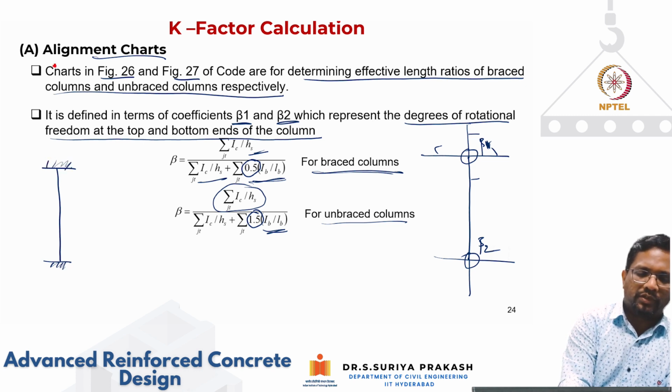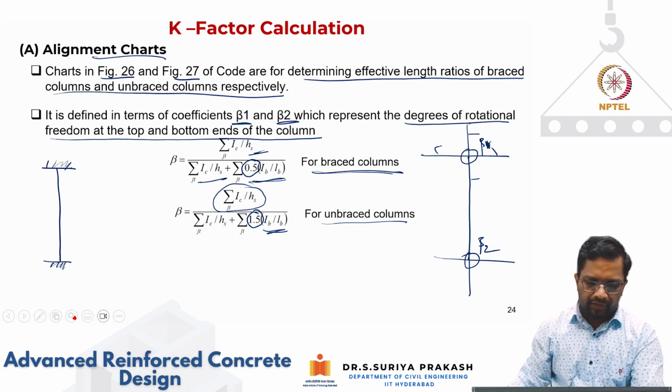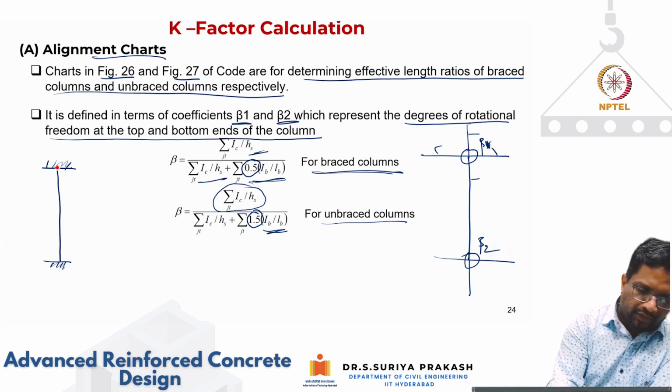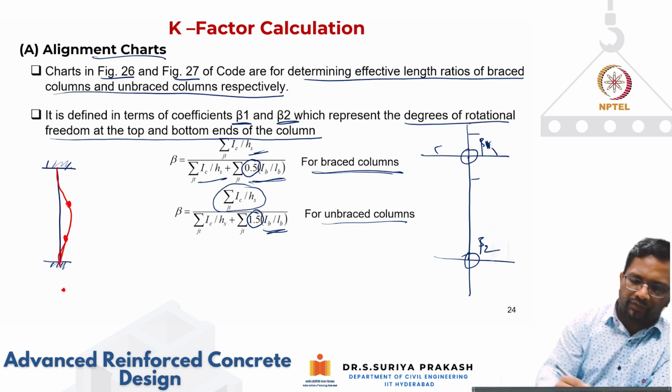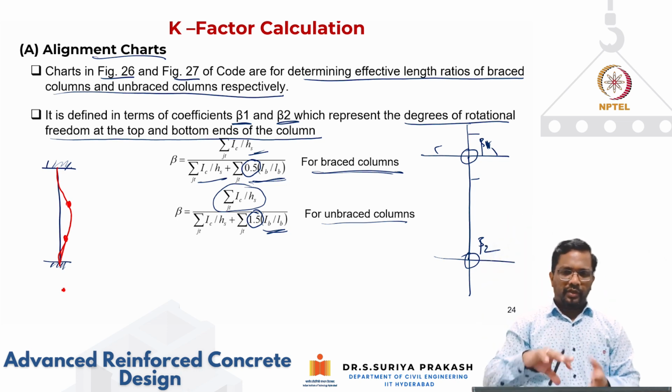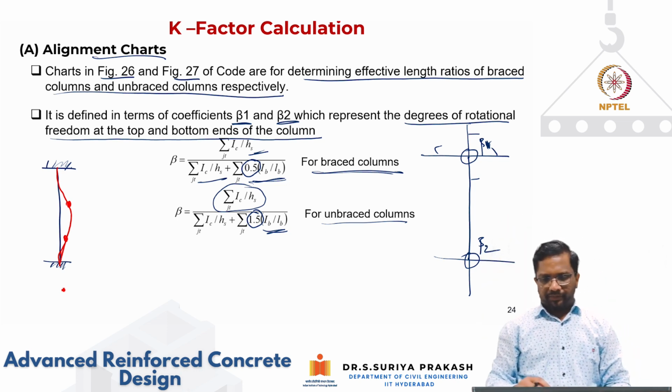So let's say this is a fixed case. How was this deflecting? It deflects like this, right? So you have a point of inflection here. If you have two points of inflection, that means between the length of the member it is actually bending in double curvature.